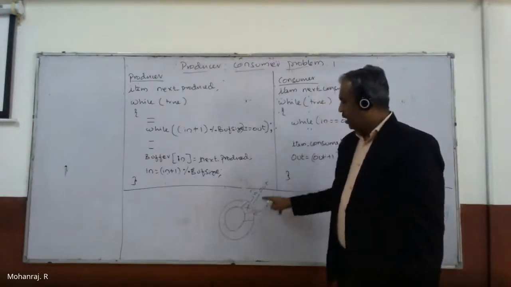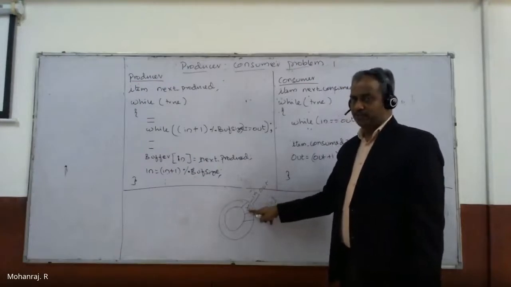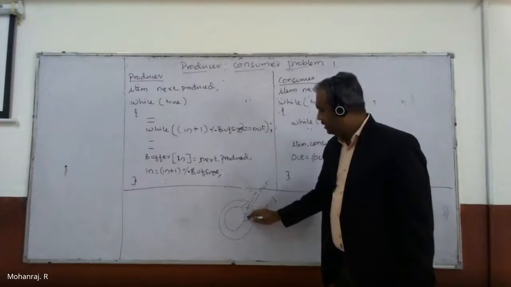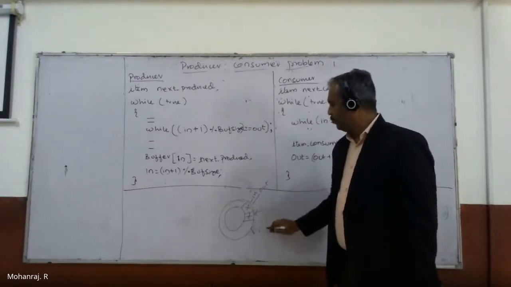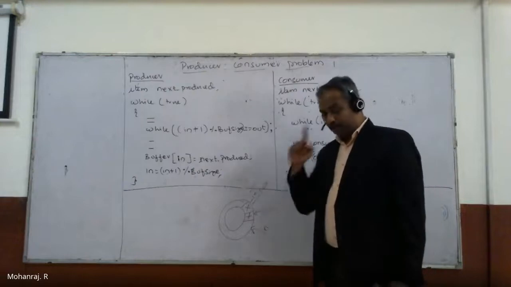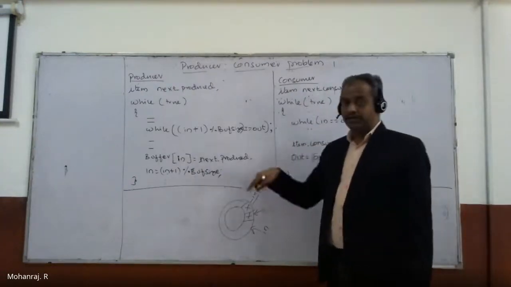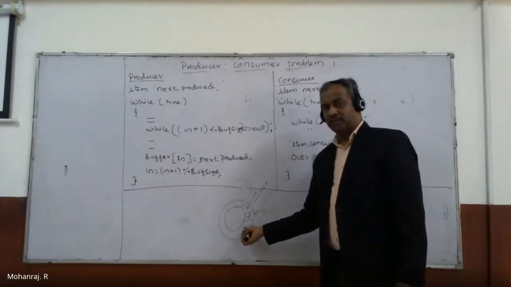And now out is pointing to the item which is placed here. Say if the next item was produced, then the next item will be placed here, then the in pointer will be moved to this place, which will point to the next free position, so that in the next iteration a new item that is produced can be kept at this place, right?